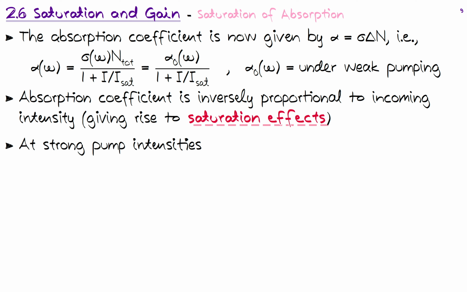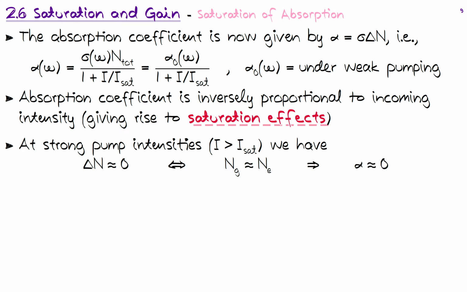At strong pump intensities, when the intensity is larger than the saturation intensity, delta n approaches 0, so we have roughly the same populations, and this means we really don't have absorption anymore. That's the limiting case for the absorption coefficient.